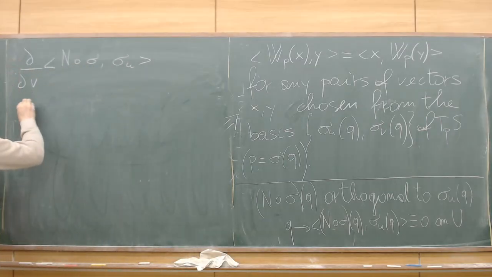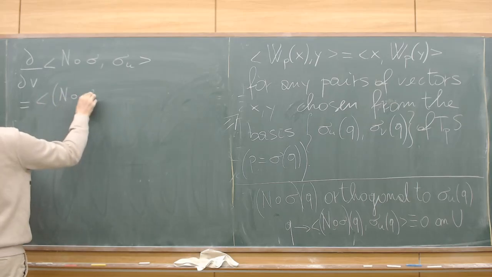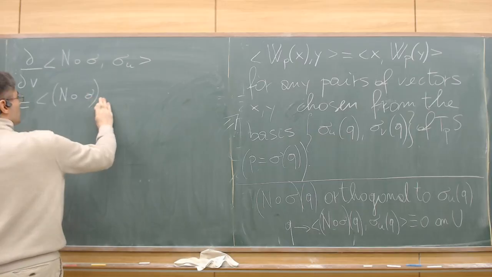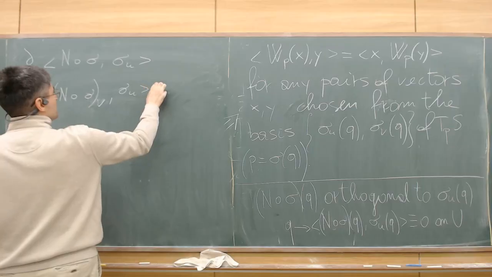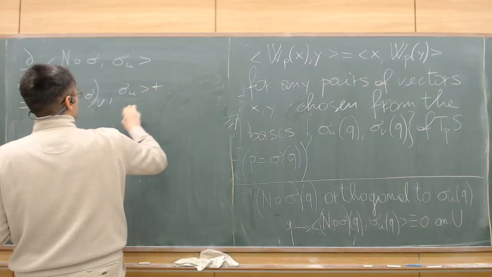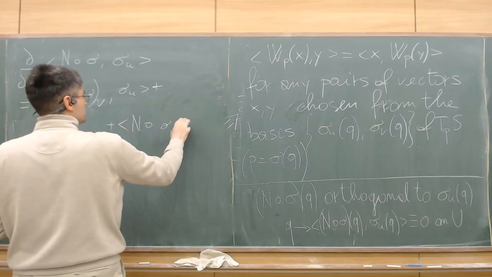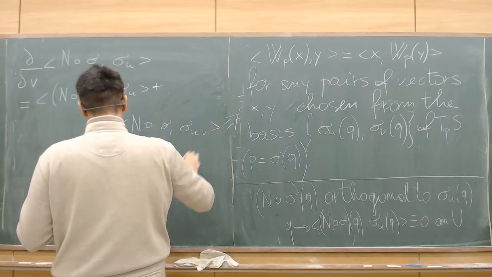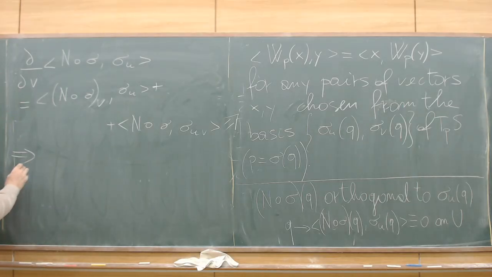So this is equal to N composed with sigma u, v, sigma u plus N composed with sigma, sigma uv.